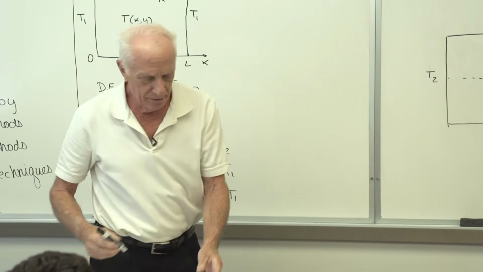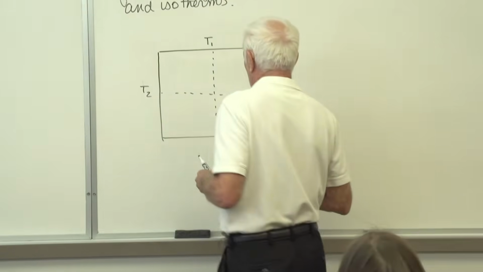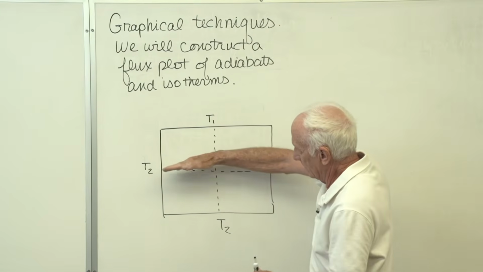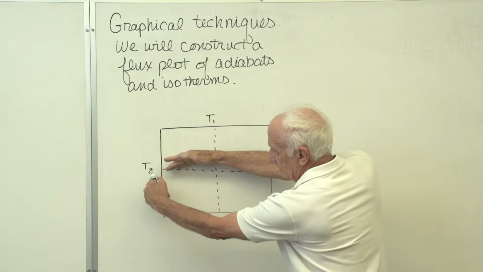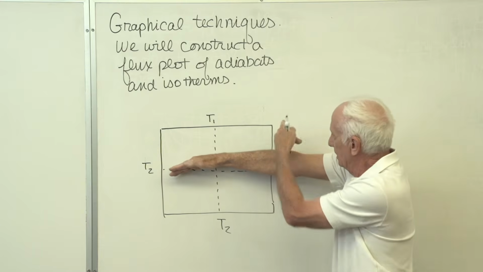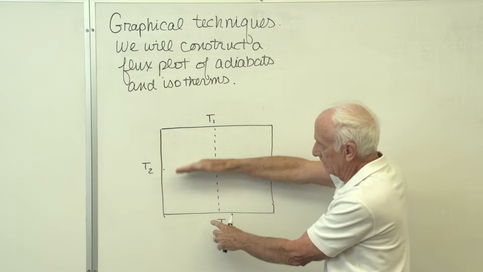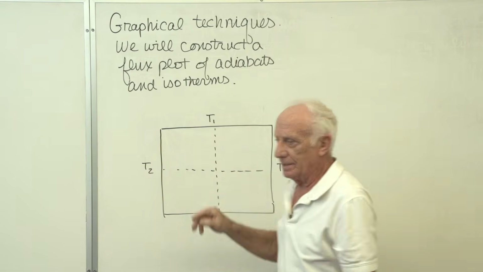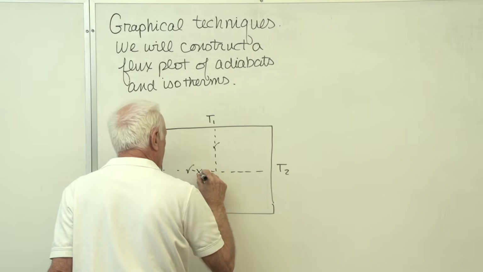Now find the lines which have thermal symmetry. Take him, fold him about top to bottom. T2 down here, T2 up here, check. T2 over here, T2 over here, check when I fold it. T2 at the bottom, T1 at the top, nope. This is geometric symmetry, but this is a no-go.